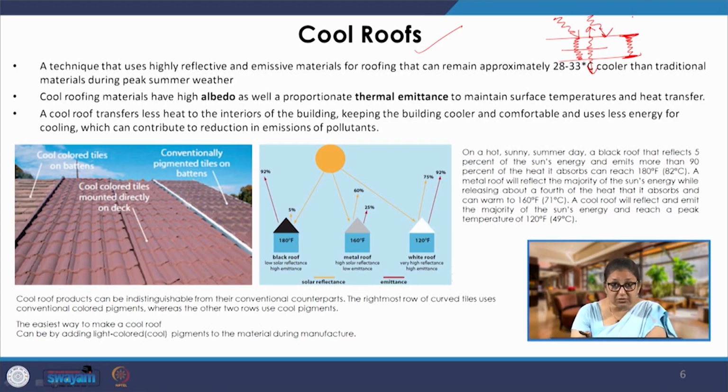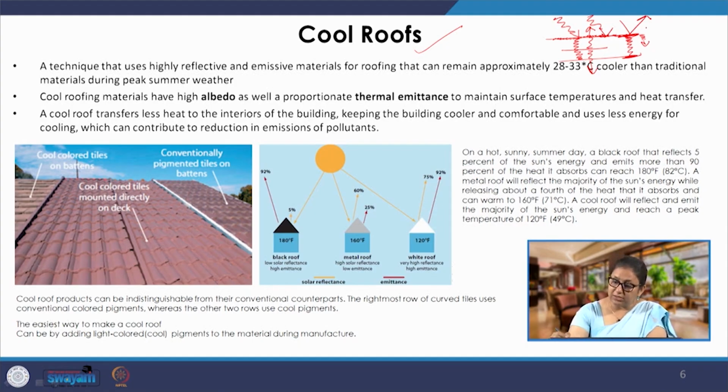Now, what we are trying to do here is, one, we have a reflective coating on the top. So, more and more of this heat is going to be reflected back and there is a very small portion of it which is going to get absorbed.